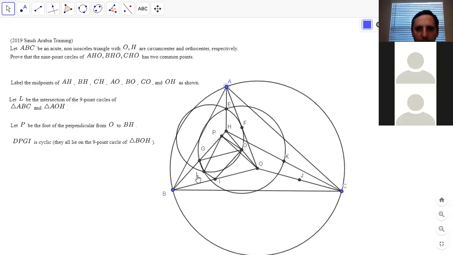Can we show LI is parallel to DP? So DI is half of BH. Yeah, PL, I'm not sure how you would show that.